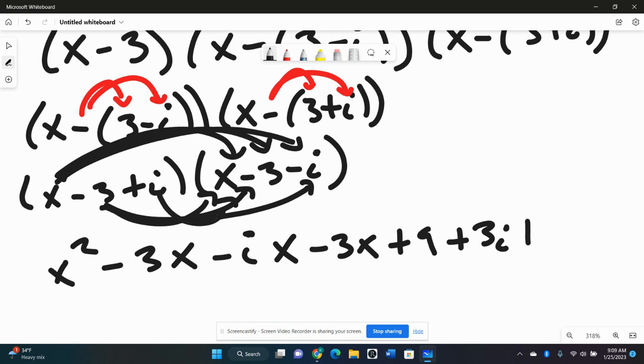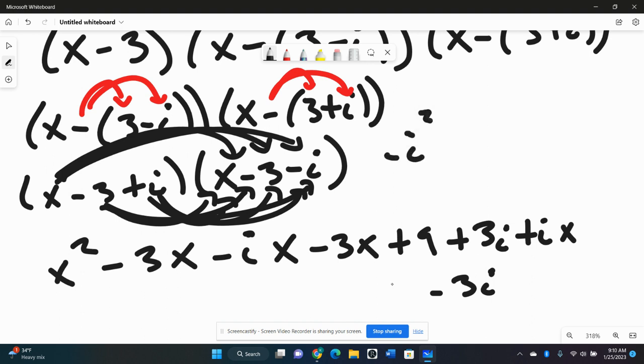I times x gives me plus ix. I times negative 3 gives me minus 3i. And i times negative i, remember that gives us negative i squared. But what is i squared? That's negative 1. So I get negative negative 1, which gives me positive 1.